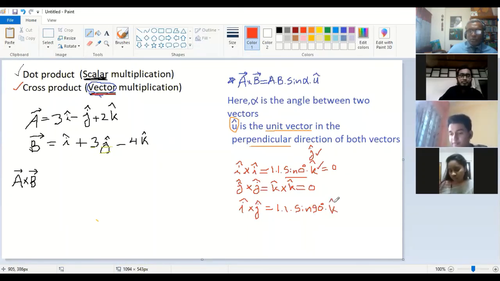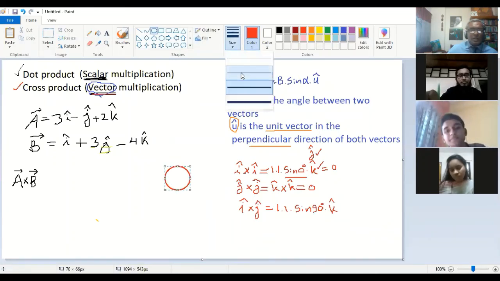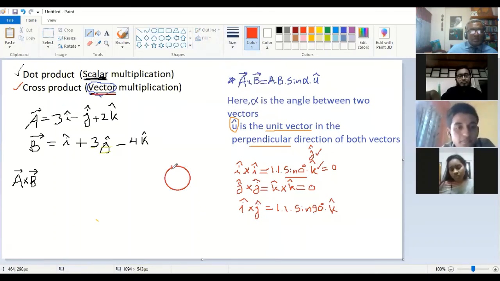Another thing we need to memorize and use correctly. I told you already in the last class that clockwise rotation is negative and anti-clockwise is positive.